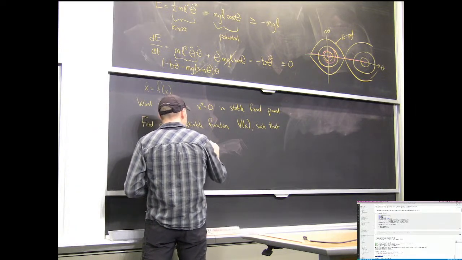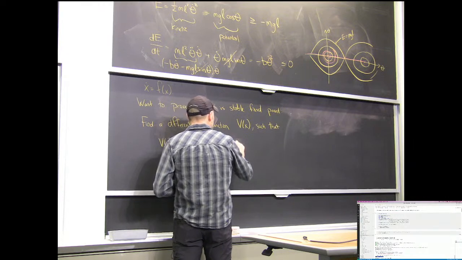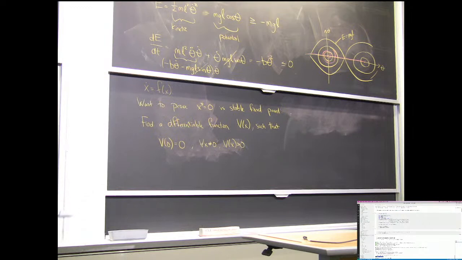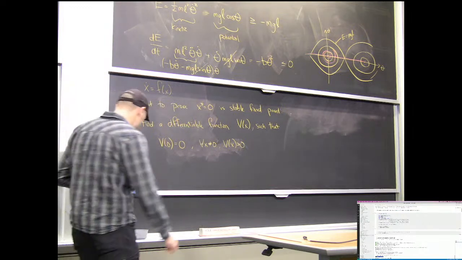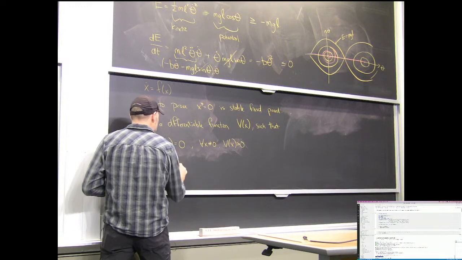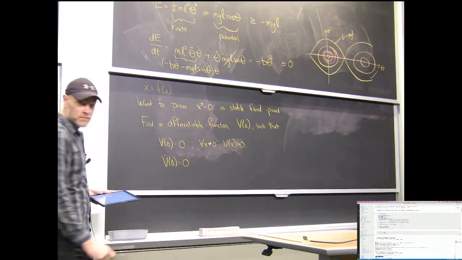And for all x that are not at the origin, the function is positive. So I want it to be a bowl going up. And also importantly, I'm going to say that the derivative at the origin, the time derivative, is 0.